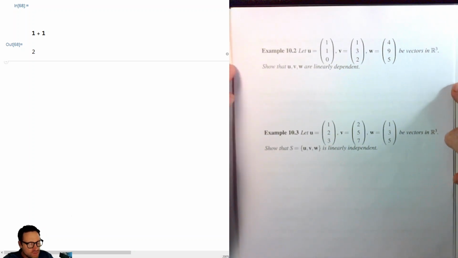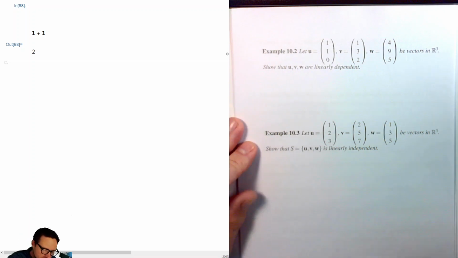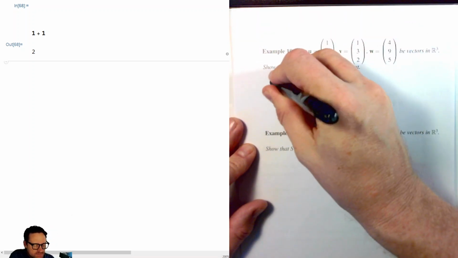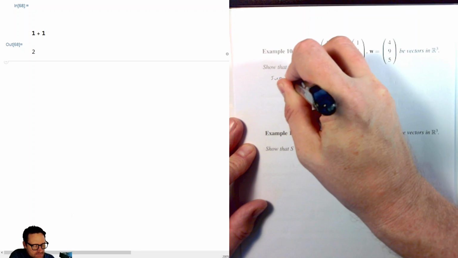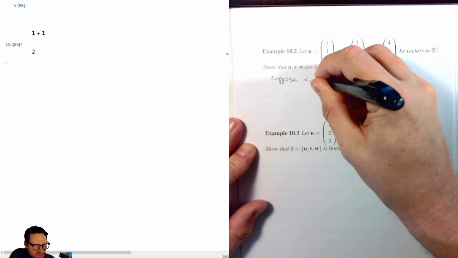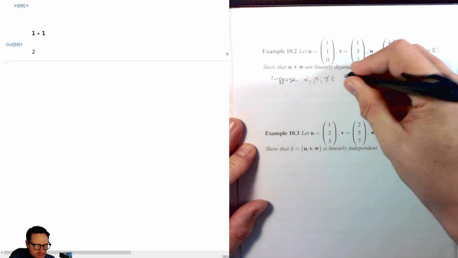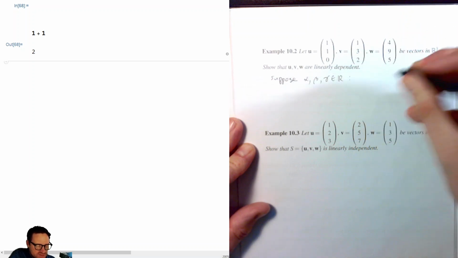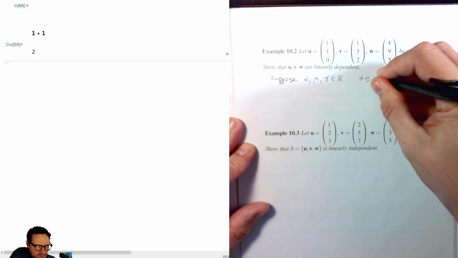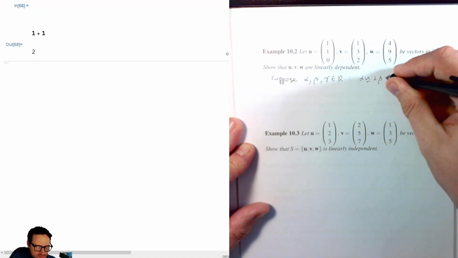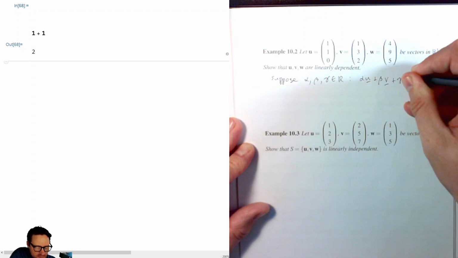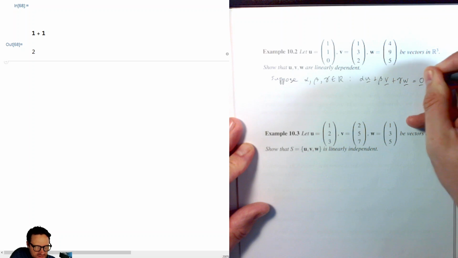Show that U, V, and W are linearly dependent. All right, so let's suppose alpha, beta, gamma are 3 real numbers such that alpha U plus beta V plus gamma W is the 0 vector.